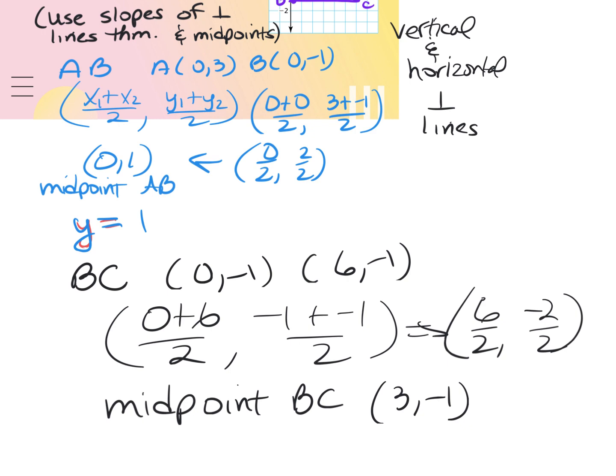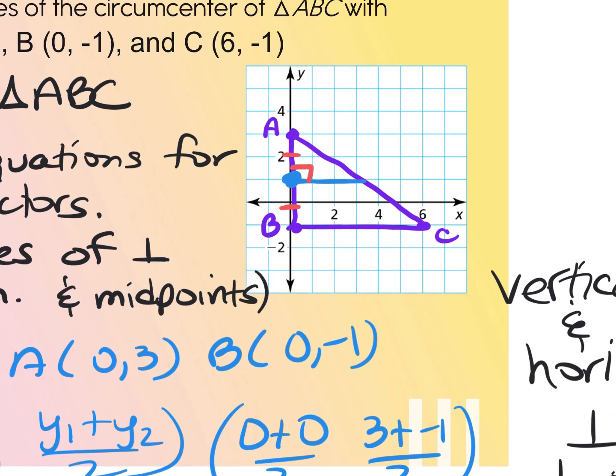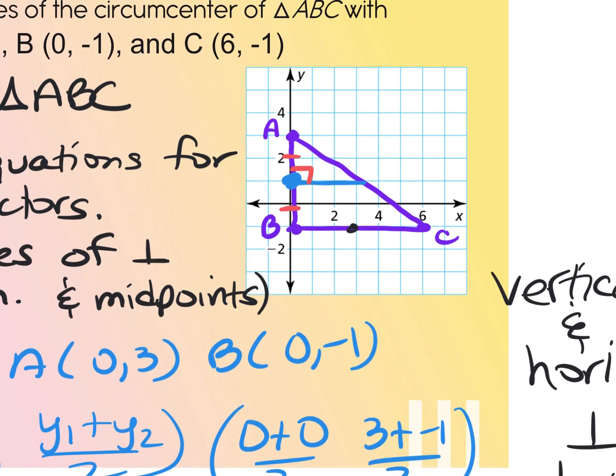So if I plot that and then draw in the perpendicular segment that goes through that point, I can see it's just going to be the vertical line because horizontal and vertical lines are perpendicular. Notice again, it split the segment into two congruent pieces. I've now found their point of intersection. The point of intersection of these two perpendicular bisectors is the ordered pair 3, 1, which is your circumcenter.